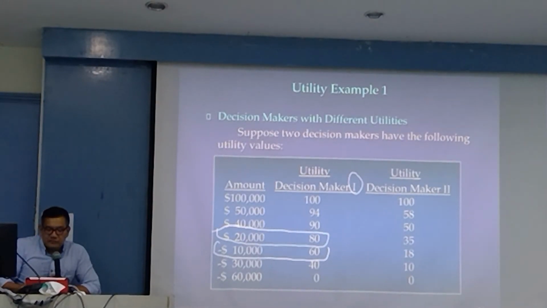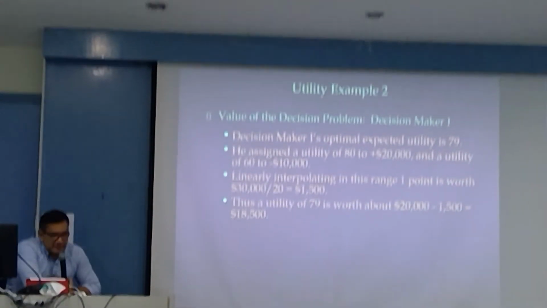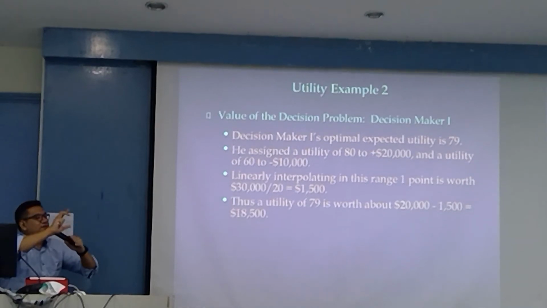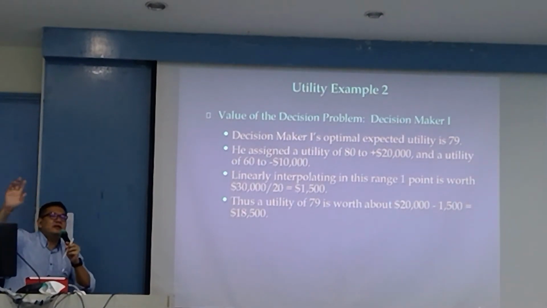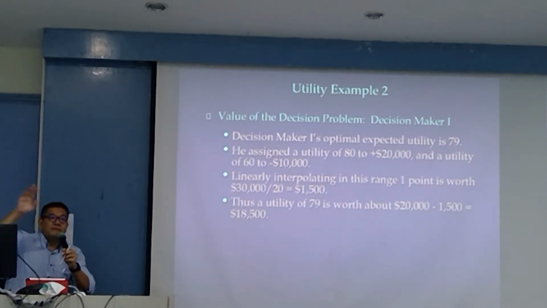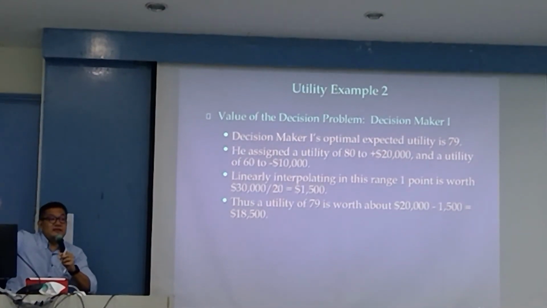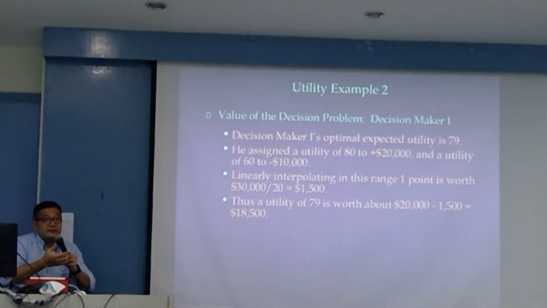It means that with a utility difference of 20, you have a monetary value difference of 30,000. 20,000 equals utility value 80, minus 10,000 equals utility value 60. So the difference of utility value is 20, and the difference in the value of money is 30,000.